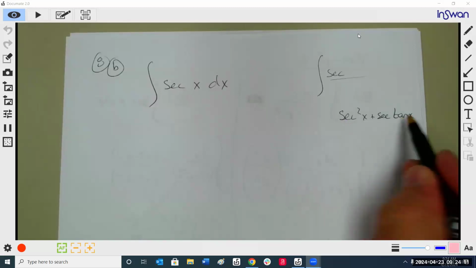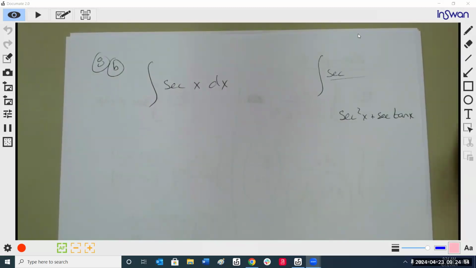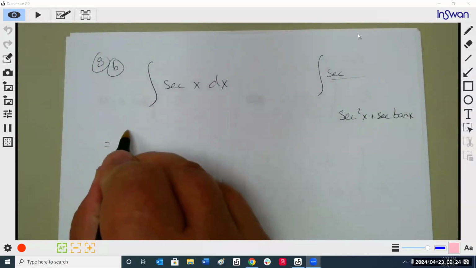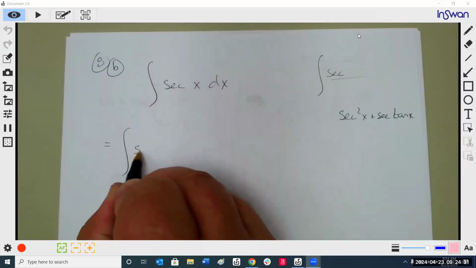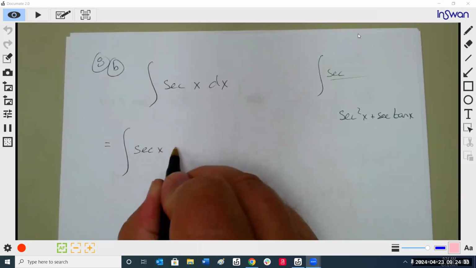Why do we want secant and tangent together? Common denominators. Secant is 1 over cosine, tangent is sine over cosine. So what we do here, again, as I said, this is not readily observable.